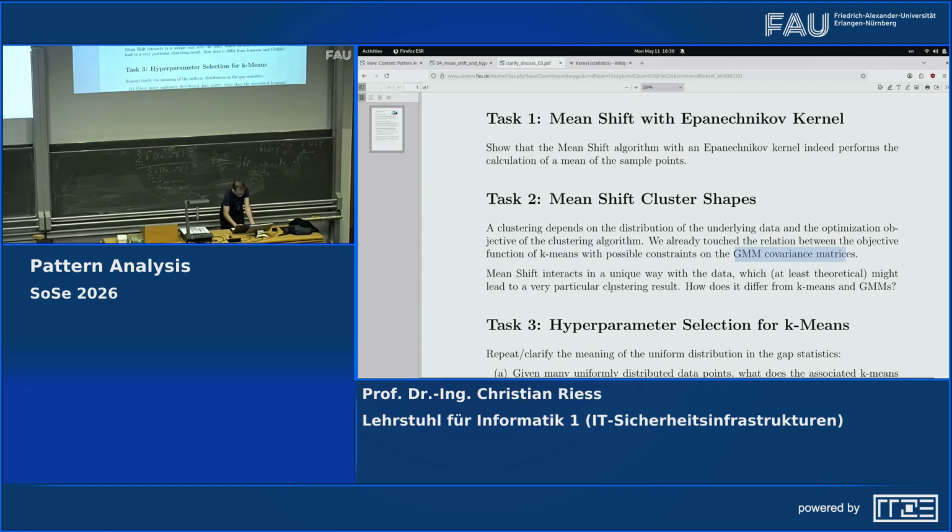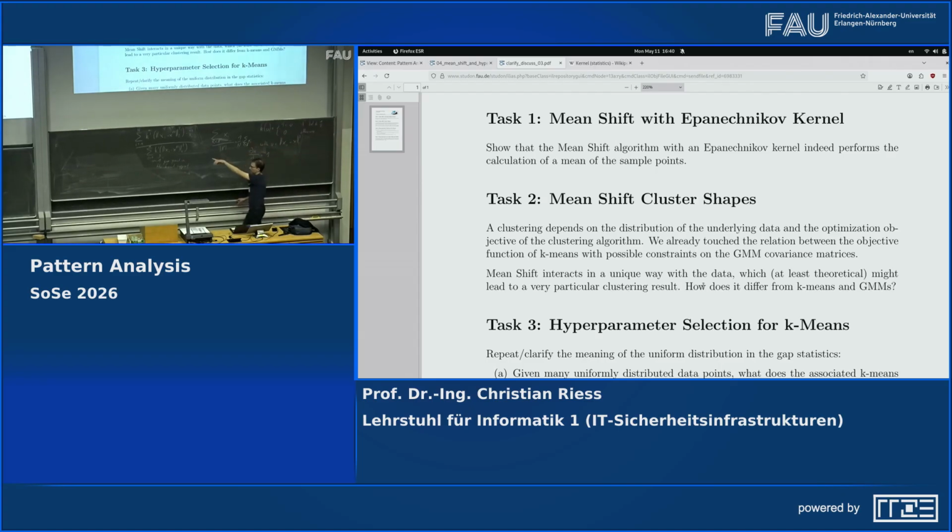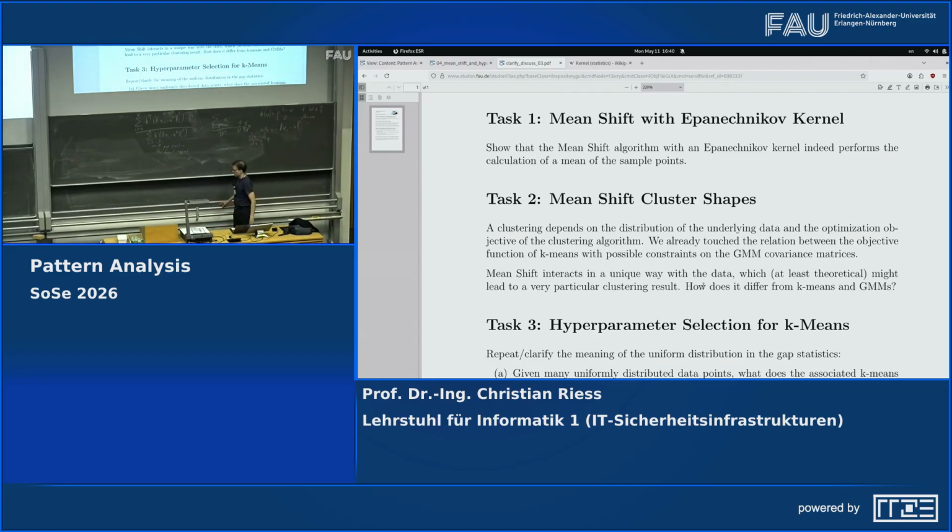So mean shift interacts in a somewhat unique way with the data, which at least theoretically might lead to a very particular clustering result. Let's think about what type of results we could possibly create with these mean shift iterations.